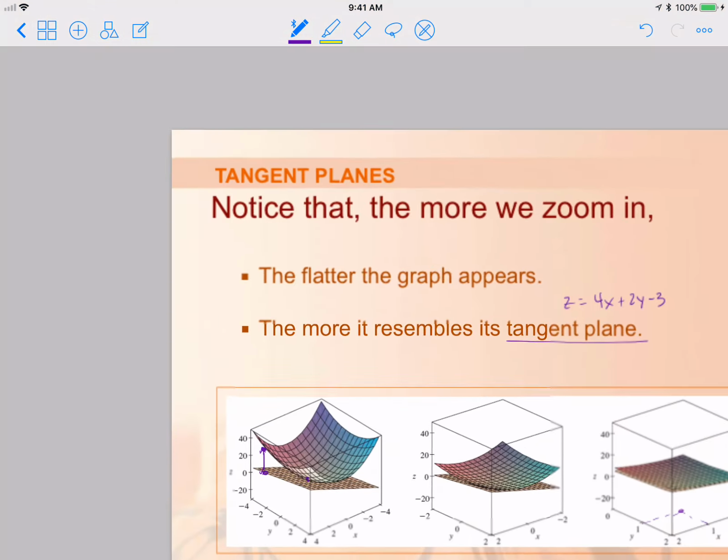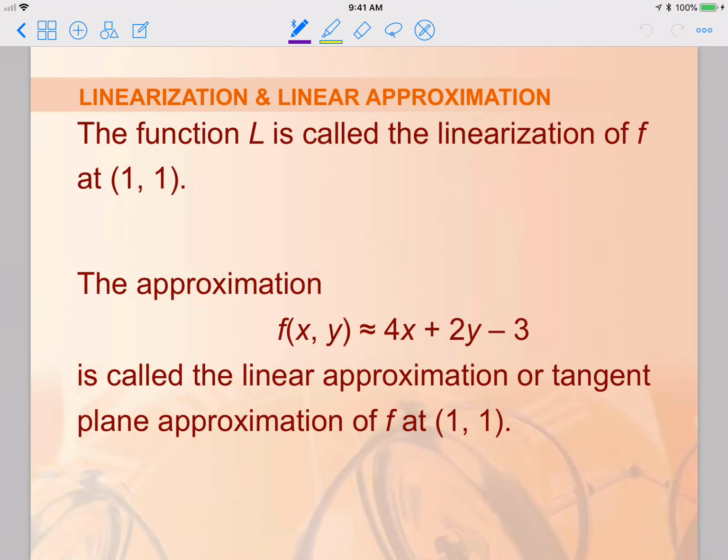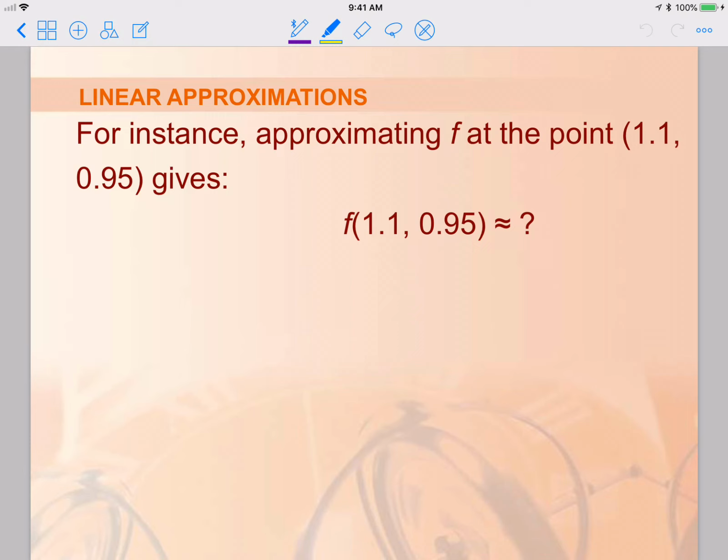So that's a good approximation. Let's look at some formalization of this. This is the linear approximation, also known as the tangent plane approximation, of f at (1, 1). It is only valid when (x, y) is near (1, 1).